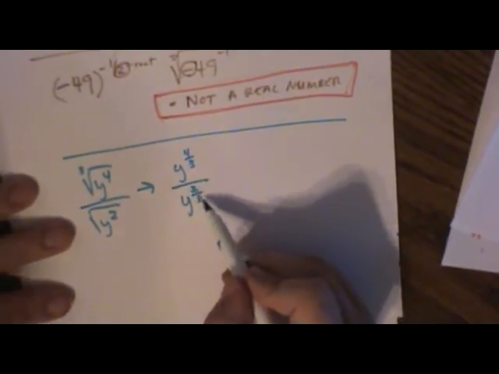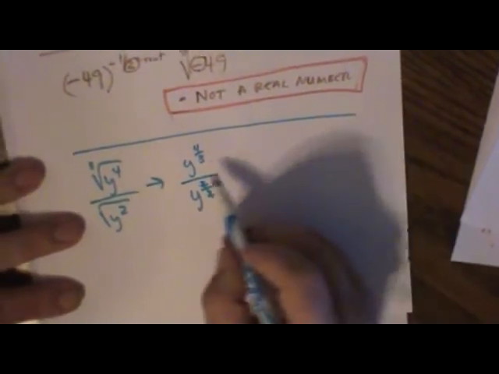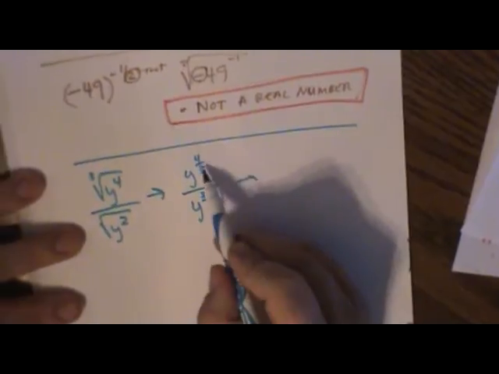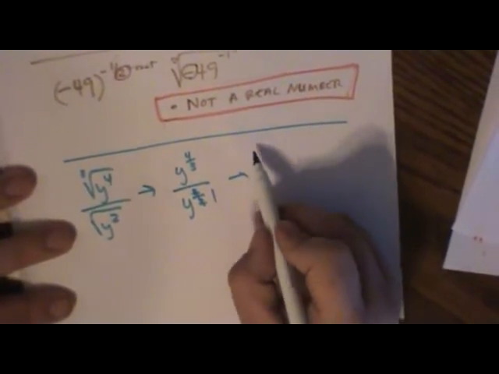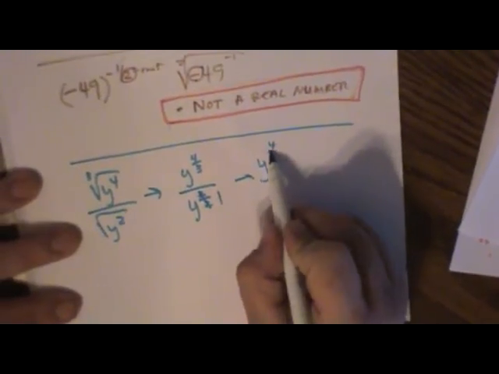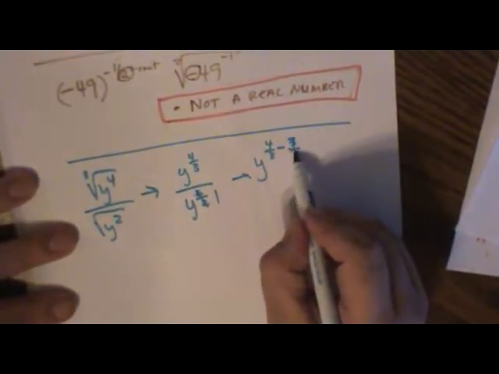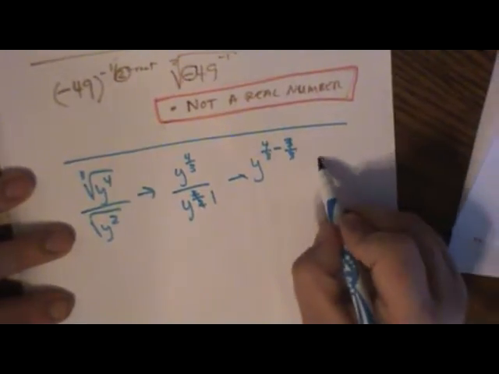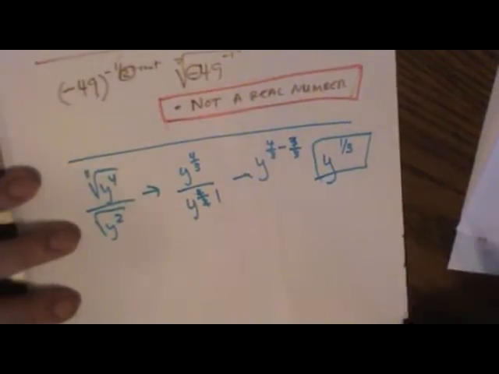This one here actually reduces to 1. So when we have the same base and they're dividing, we can subtract them, and we actually get y to the 4 over 3 minus 1, which we can rewrite as 3 over 3, which gives us y to the 1/3 power. And that's our answer.